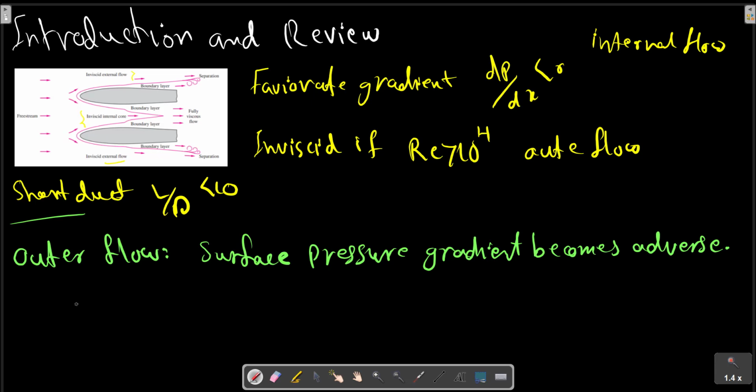Increasing pressure, dp/dx, and the boundary layer separates or stops.